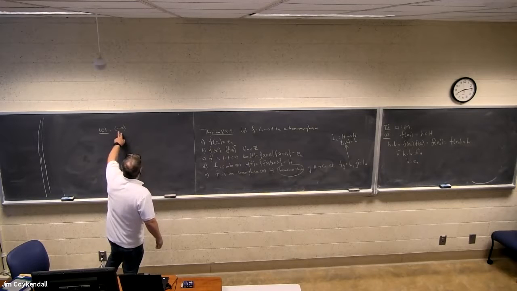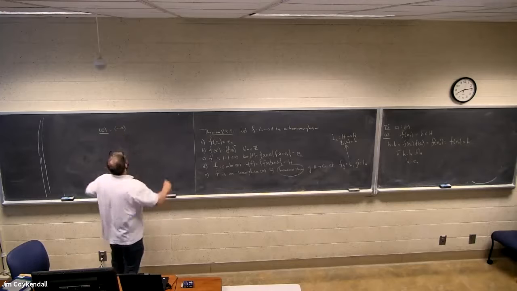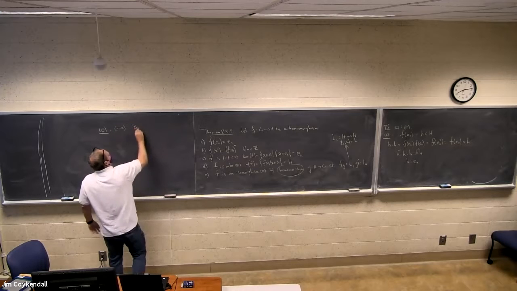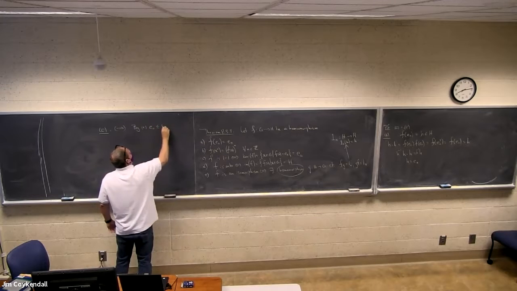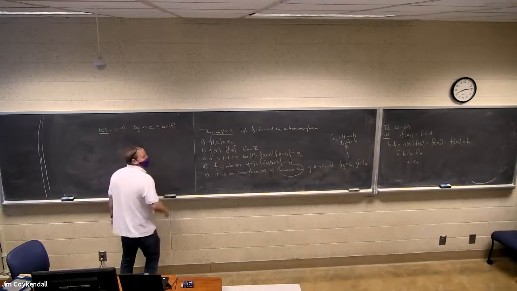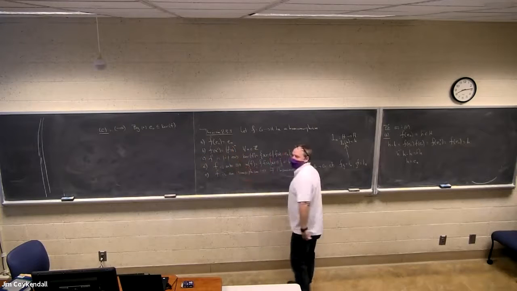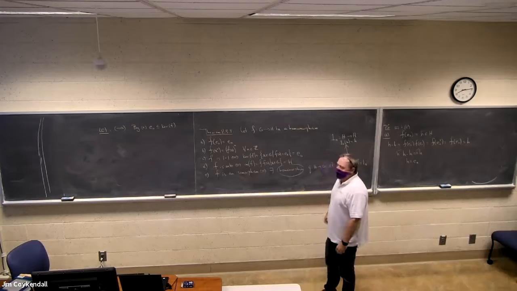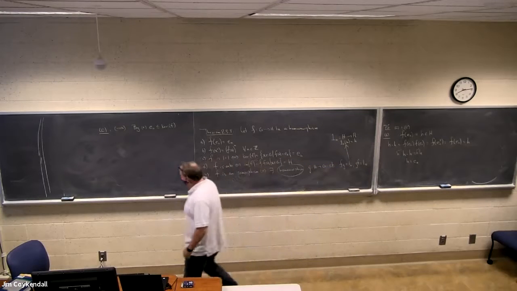What we have to do in this direction is prove that the kernel of f is the identity. By A, the identity is contained in the kernel of f, because we've already shown that the identity goes to the identity of H.